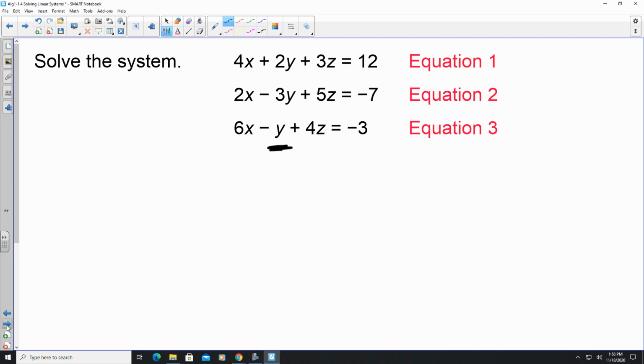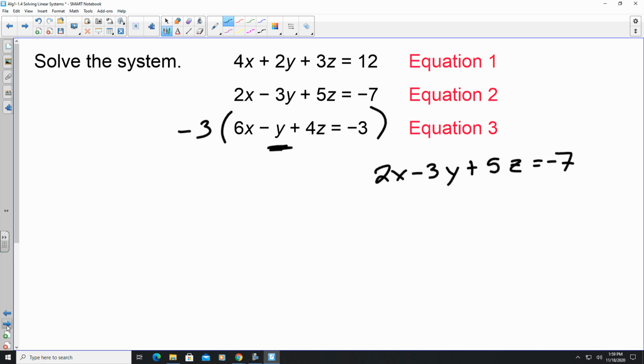So I'm going to look at 2x minus 3y plus 5z is equal to negative 7. Now to get rid of y in this new equation, in this second scenario, I'm going to multiply this entire equation by a negative 3.